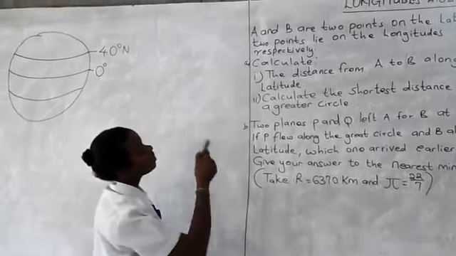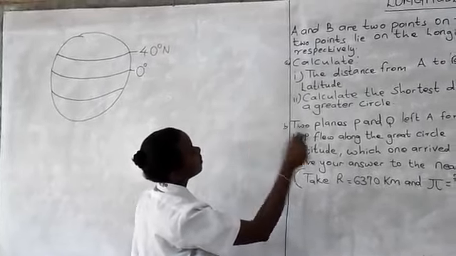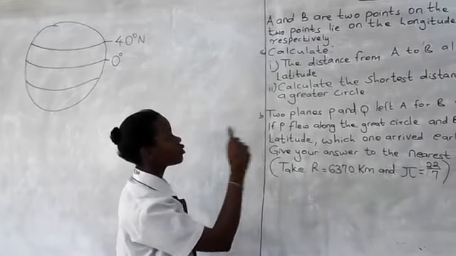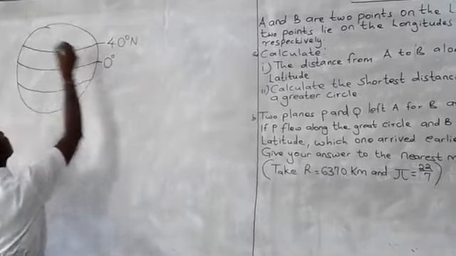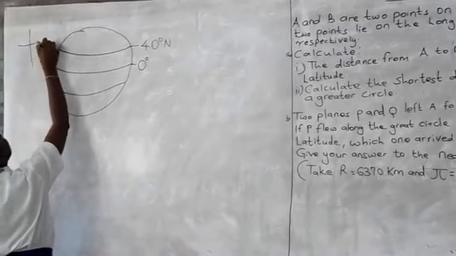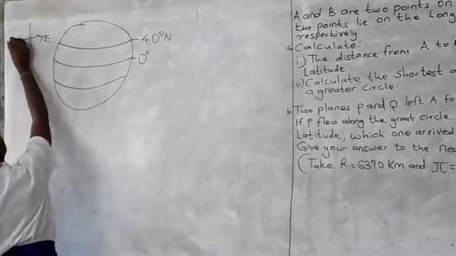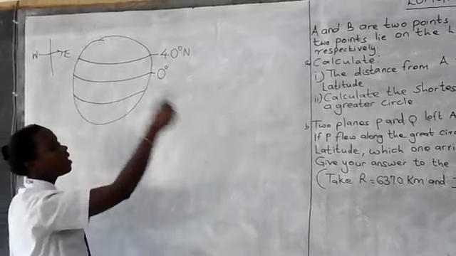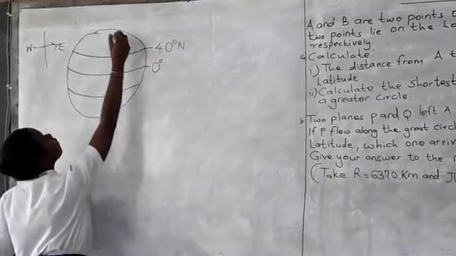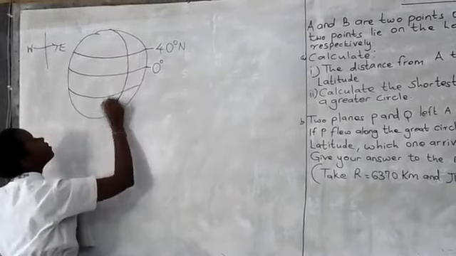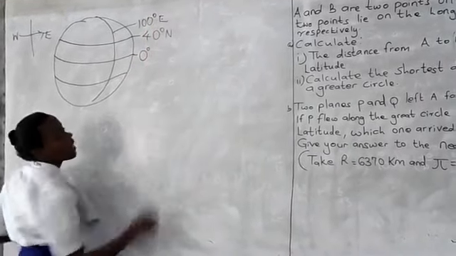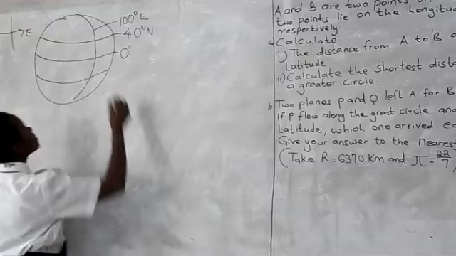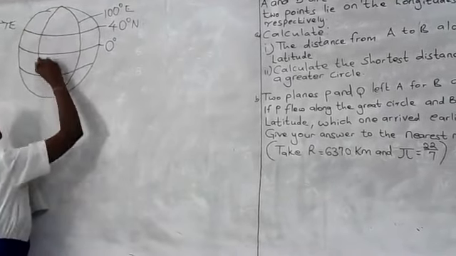Then we've been told the 2 points lie on the longitude 20 degrees west and 100 degrees east, meaning east is on this side and west is on this other side. Now 100 degrees east will be on this side, then 20 degrees west will be on this other side.